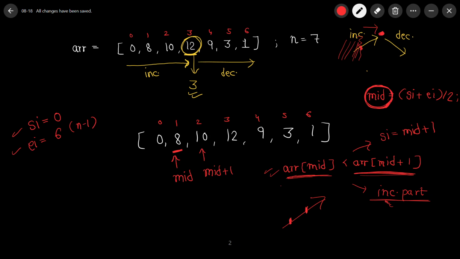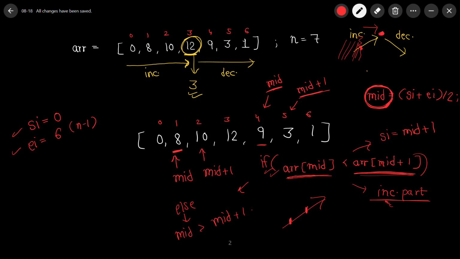And coming to the else case, if this is not true, that means our mid value was larger than mid plus 1. Let me take that case as well. Suppose, let's say our mid is here. So mid plus 1 would be here, right? In this case, mid is greater than mid plus 1.